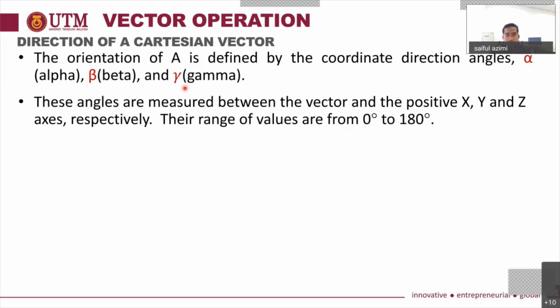In order to identify which is positive, you need to use your right hand rule. Their range of values varies from 0 to 180. So later when you get the answer, it must be from 0 to 180. If it is greater than 180, it means that your answer is not correct.